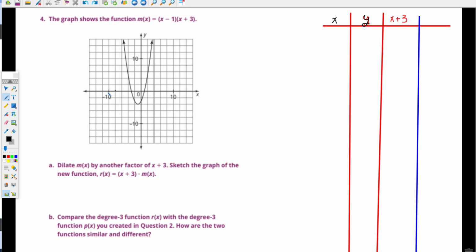No, not 10. 10 gets us here. Or is that 2.5? Not 2.5. Look at your graph. You have it in front of you. You may not be able to see it as well on the board. No. We need to go 1, 2, 3, 1, 2, 3, 4, 5. So it's 2.